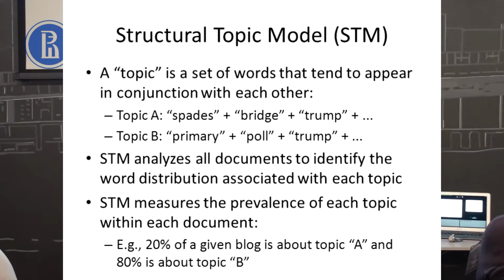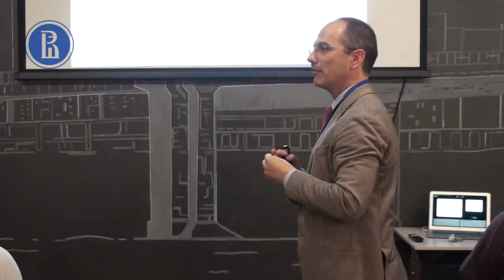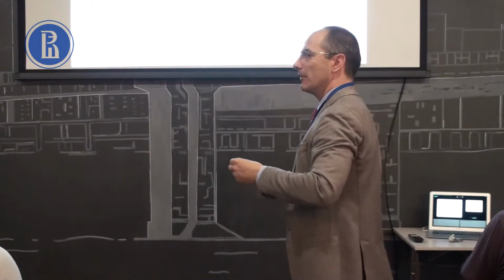So if the word Trump comes with spades, bridge, and trump, it's more likely related to the game, right? That I'm playing bridge. But if I find primary, poll, Trump, then it is about the elections. And the software is pretty good at selecting. It depends. Trump could be having the first spade in the inauguration of a new bridge.